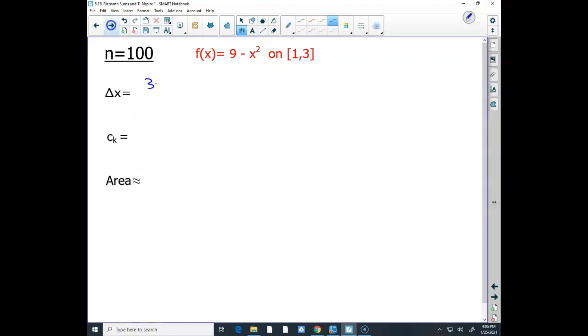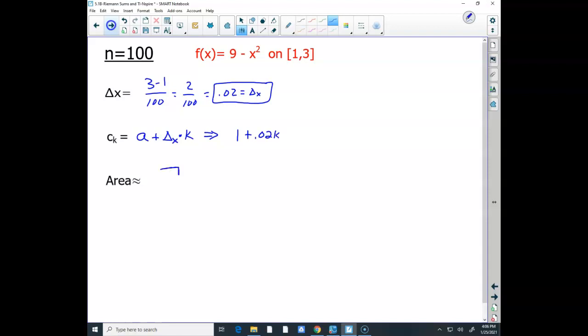Well, that's 3 minus 1 over 100, which is 2 over 100, which should give me my delta x of 0.02, okay? Well, c sub k, remember, that's a plus delta x times k. So that's going to give me 1 plus 0.02k.